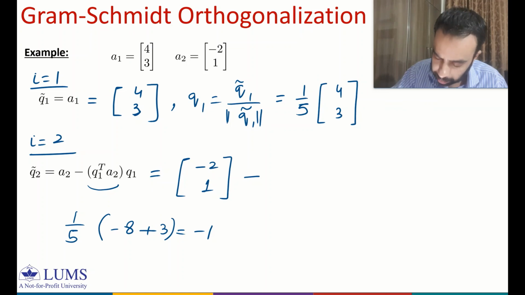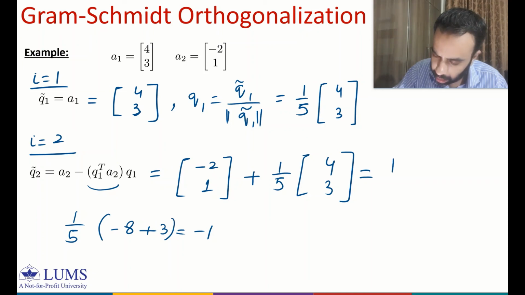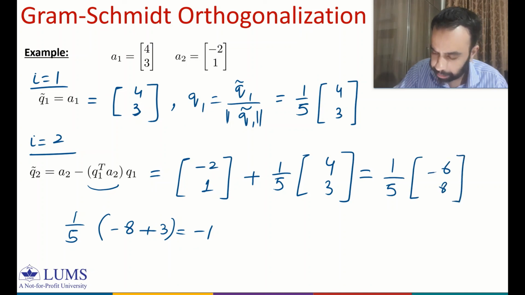So you get plus Q1, that is 1 over 5 times (4, 3). When you simplify this, Q2 tilde is 1 over 5 times (minus 6, 8). And Q2 is given by Q2 tilde divided by the norm of Q2 tilde.